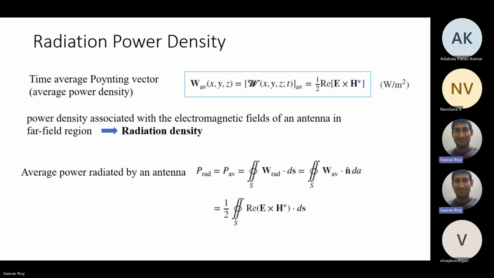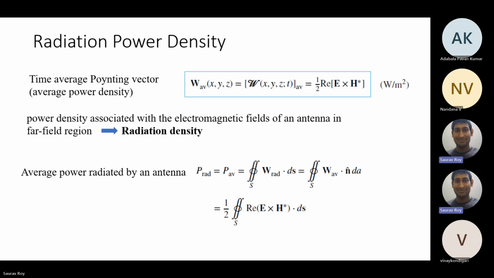So the first topic of discussion today is radiation power density. It's a very vital concept, because we deal with power here in high frequency, not with voltage or current. We don't have the concept from normal circuit theory of multiplying voltage and current.